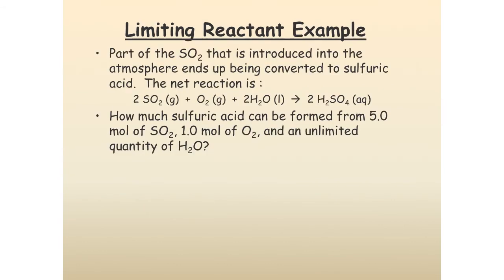So here's an example. Part of the SO2 that is introduced into the atmosphere ends up being converted to sulfuric acid. So that's one of the things that contributes to acid rain or acid precipitation. The net reaction is the 2 moles of SO2 react with 1 mole of O2 plus 2 moles of water to produce 2 moles of sulfuric acid.